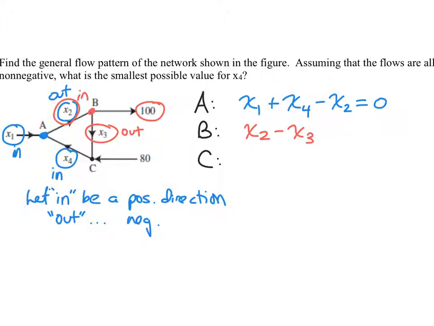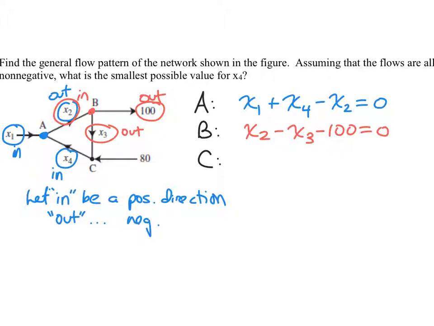And then 100, it's not a variable, it's just a set quantity, but that's leaving node B. If you're thinking about a theme park, and you have a courtyard or a popular vendor, this is the flow of foot traffic coming in and going out, but ultimately at the end of a certain period of time, you're going to have 100 people leaving on this pathway. And that's based off of data collection. But that 100 is in the out direction, so minus 100 equals 0.